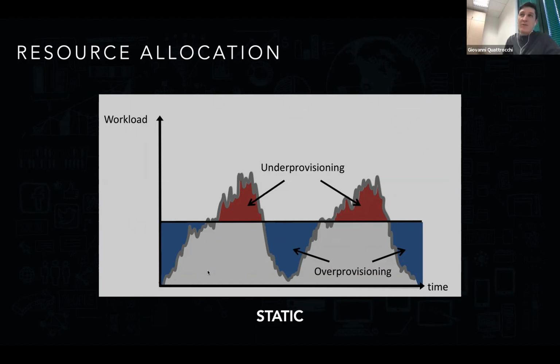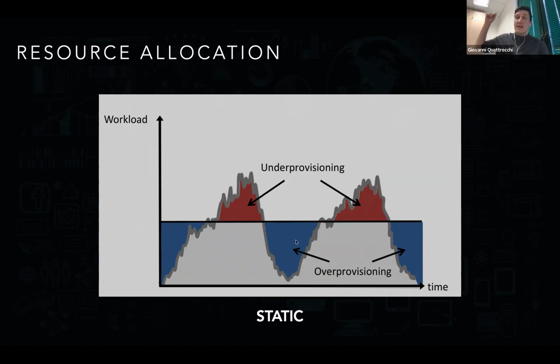First one, the optimal one, where the workload, so the amount of requests, matches exactly the amount of resources that you have. That is the best scenario for this static case. But if requests are too much, then you are under provisioned, meaning that you need more resources, but you are not allocating them. And this means unreachability, for example, of the application.